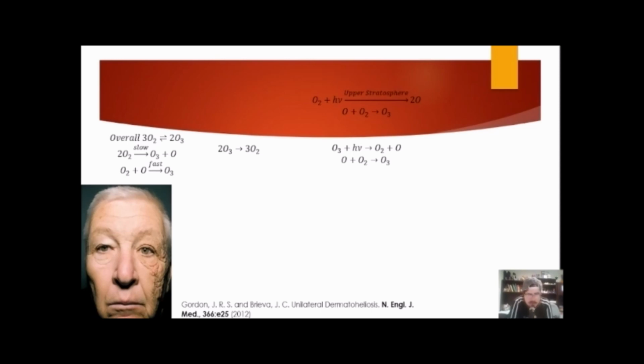However, this can naturally form in the upper stratosphere. In this upper stratosphere, we have things like ultraviolet light will strike oxygen and split it into 2 molecular oxygens. While that could reform into O2, the likelihood of 2 molecular oxygens bumping into each other is highly unlikely.